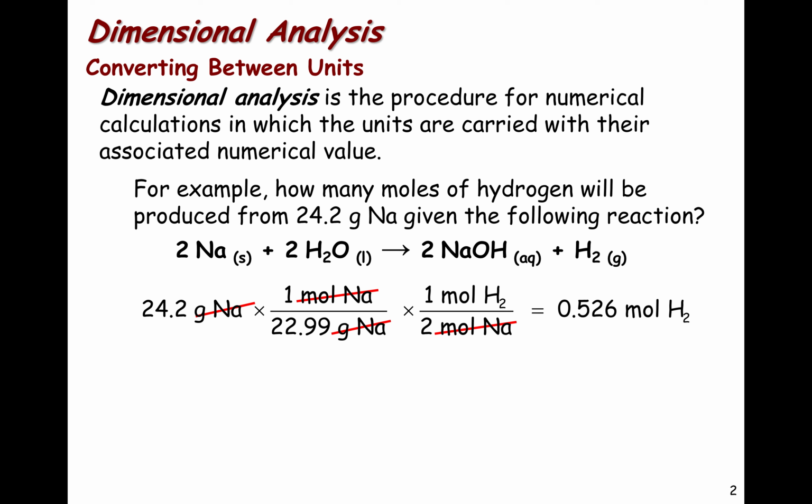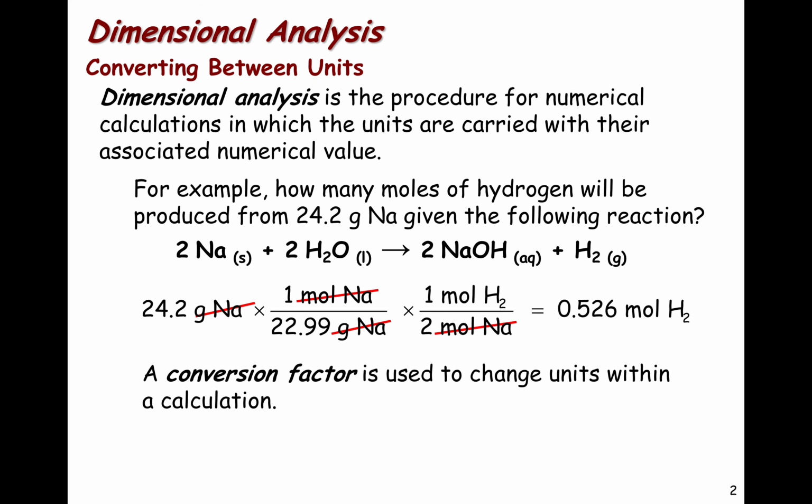So conversion factors are essentially ratios that allow us to change the units within the calculation. For example, 1 kilogram, the prefix kilo, is the same as 10 to the third grams. That's an equality. We can rearrange it to have one of two possible ratios. If we divide both sides by the 10 to the third grams, we would come up with a statement which mathematically is 1 kg divided by 10 to the third grams.